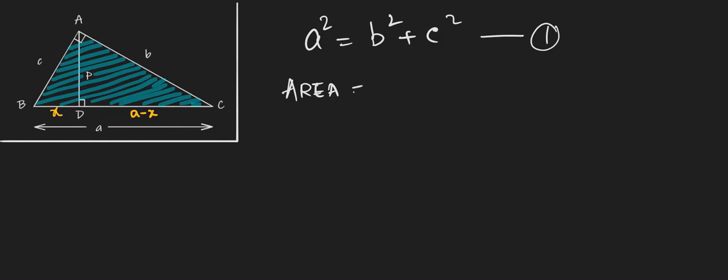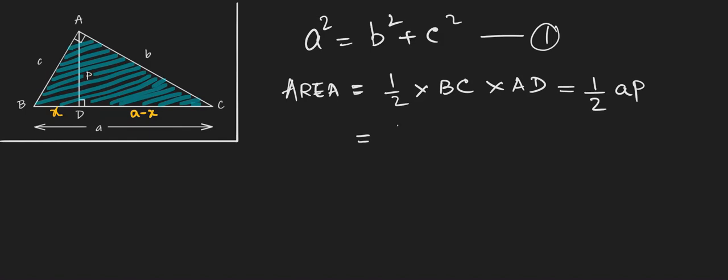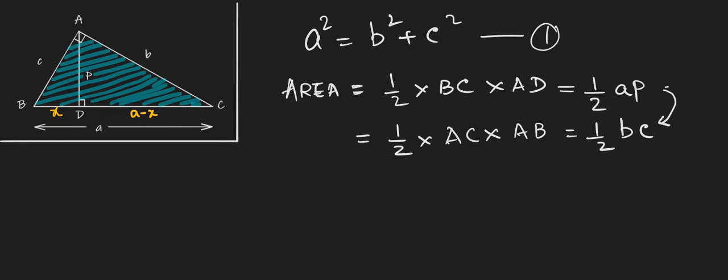So area of triangle ABC is equal to half into BC multiplied by AD, which is equal to half A P. Now the area of the same triangle can also be written as half into AC multiplied by AB, which is equal to half AC is B and AB is C. So that means half A P is equal to half BC.